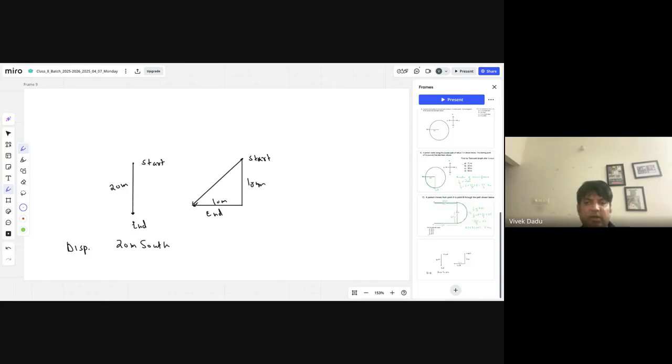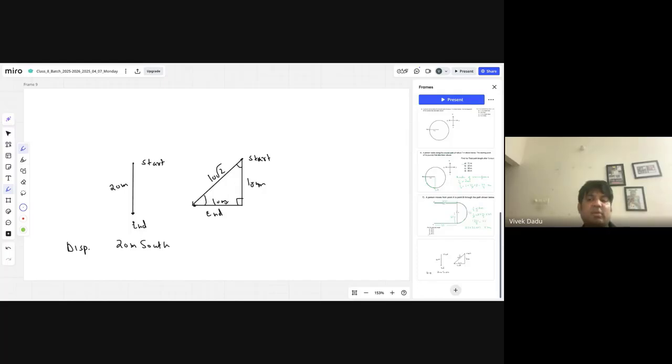This time also you can tell the displacement. This is the displacement. How much? 10 root 2.